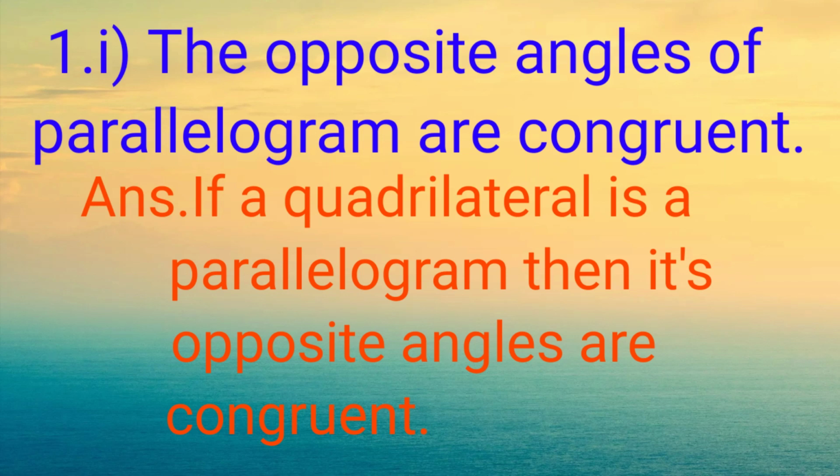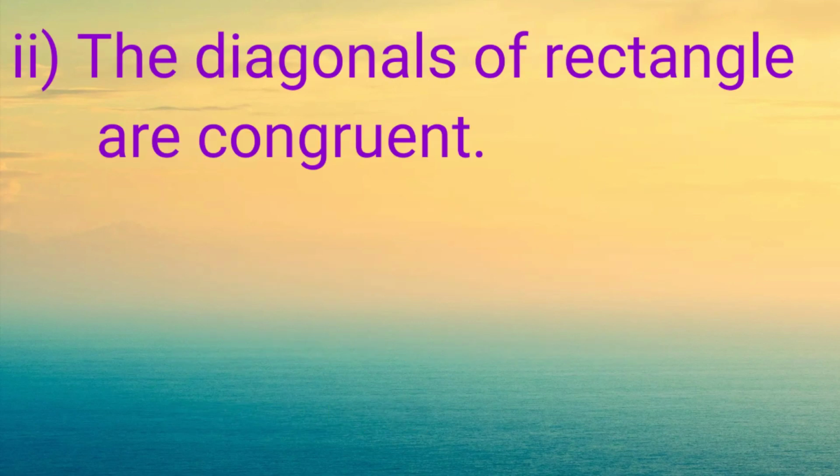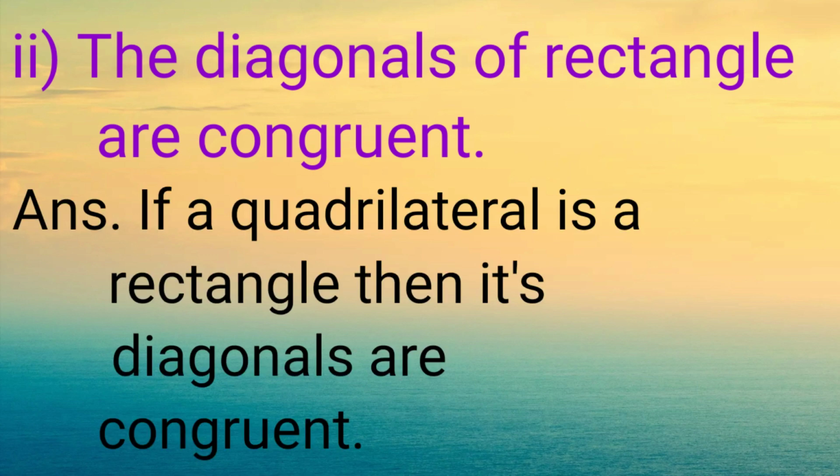So if a quadrilateral is a parallelogram, then its opposite angles are congruent. Number 2, the diagonals of a rectangle are congruent. If a quadrilateral is a rectangle, then its diagonals are congruent.